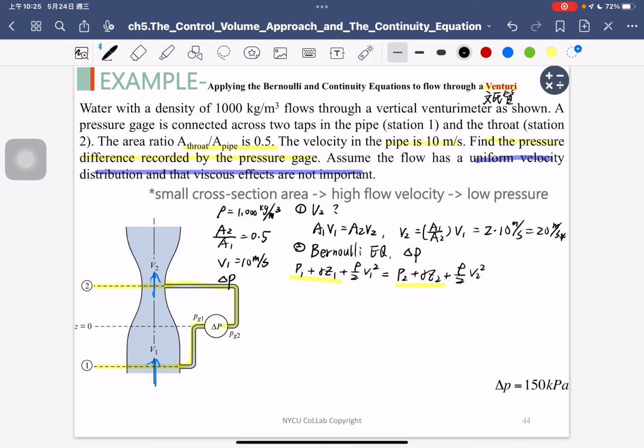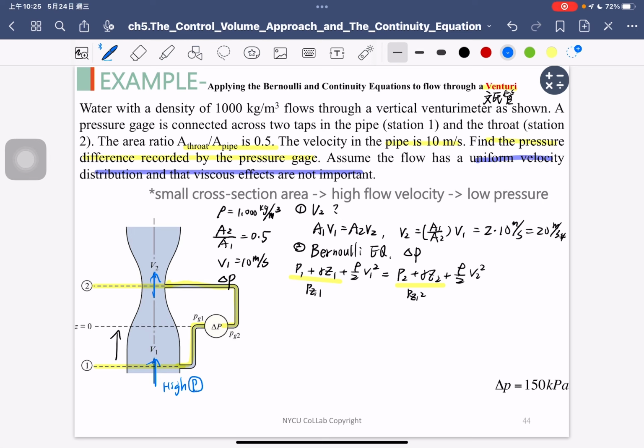So before we calculate, we know which one is larger, the piezometric pressure 1 or the piezometric pressure 2. We know that the flow is going up, so we actually know there is the high pressure, right?